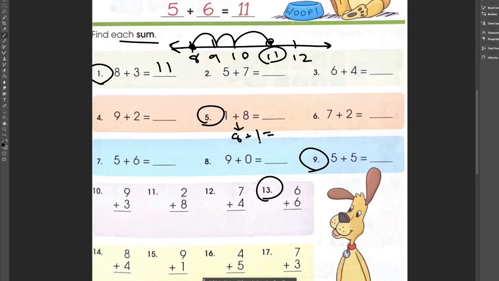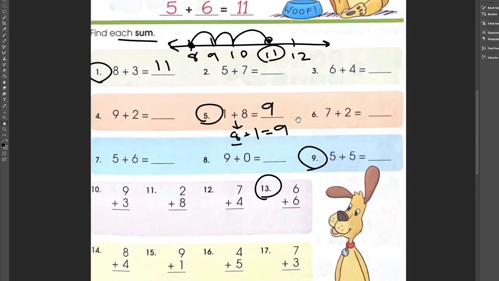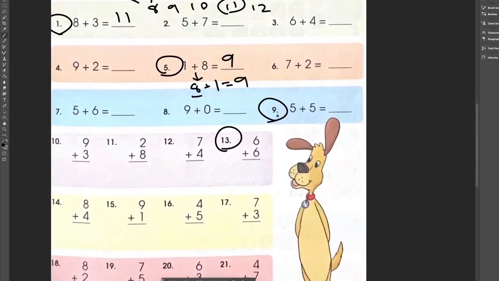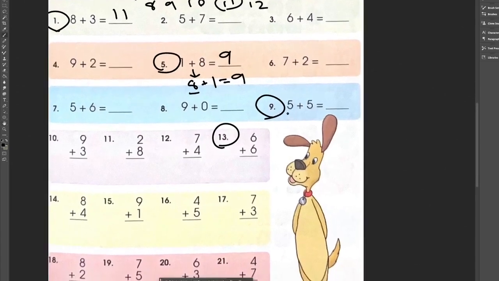So we're just adding 1 to a number. That means just one more than that number. So 1 more than 8 will be 9, and that's our answer.